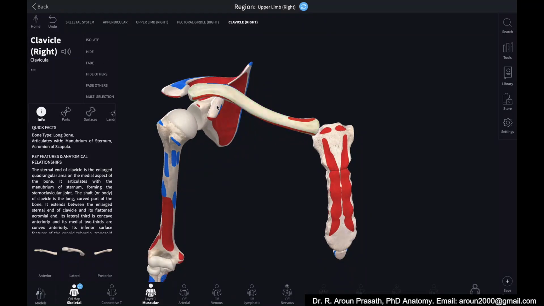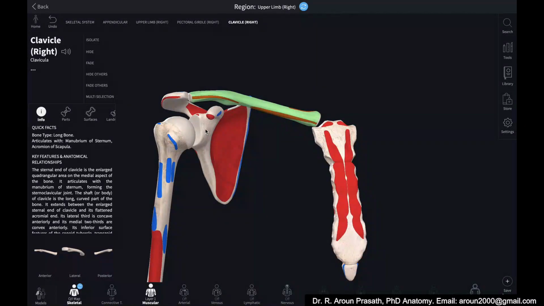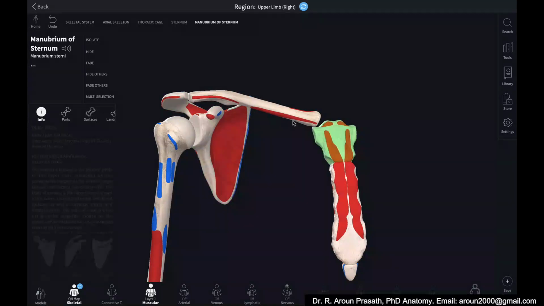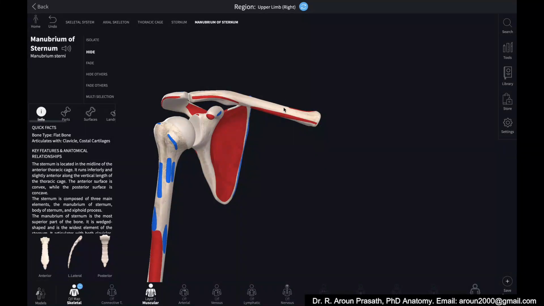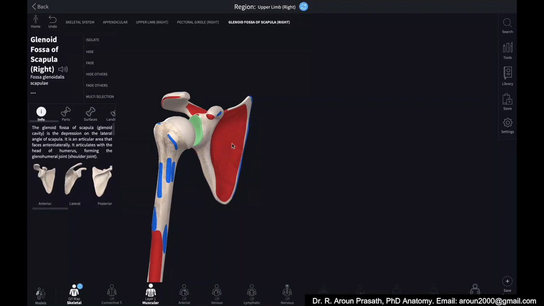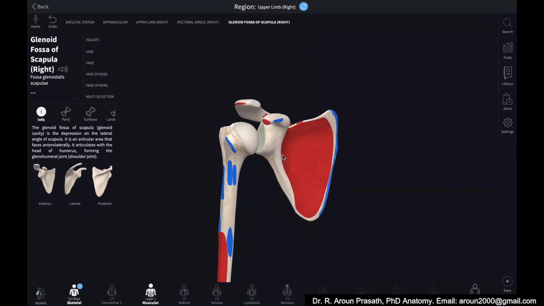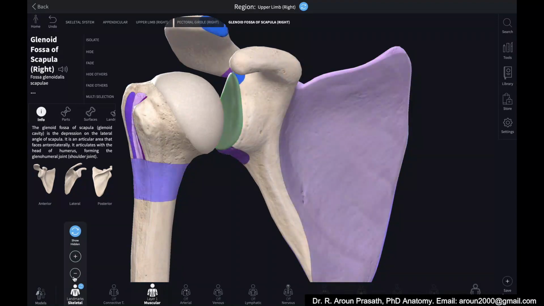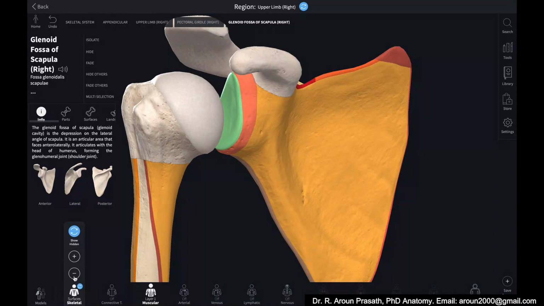Now let's go to the next bone, the scapula. I will remove both bones, the clavicle and the scapula. If you look at the scapula, it is an example of a flat bone.